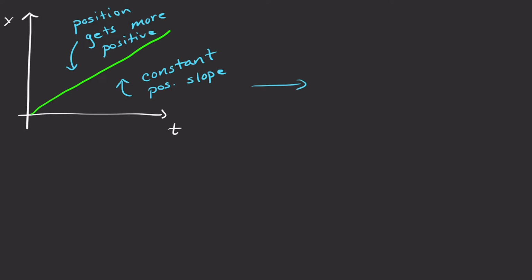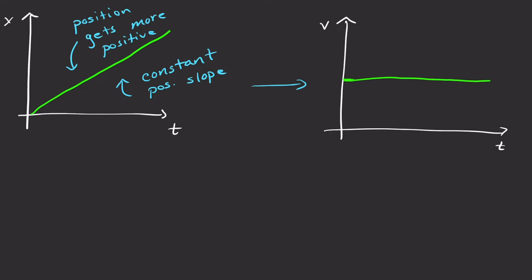Okay, so now let's look at our velocity versus time. We said that the slope of our position versus time would equal our velocity versus time. So this is a positive slope, so that means our velocity versus time will be positive. And since it's constant or not changing, that means our velocity needs to remain positive and remain the same value for all time.